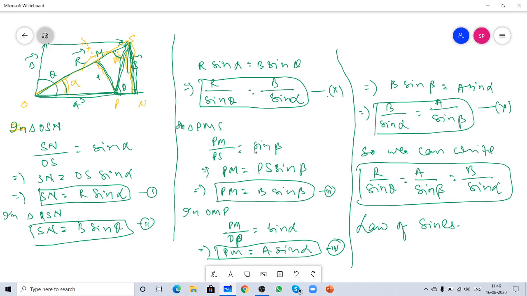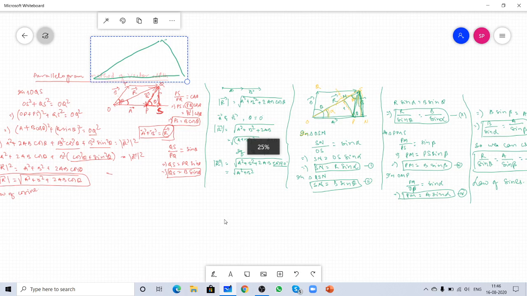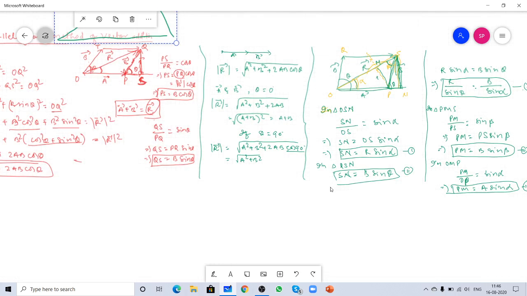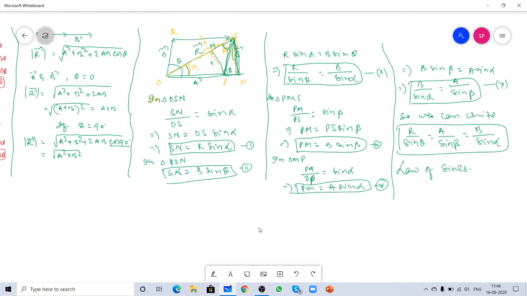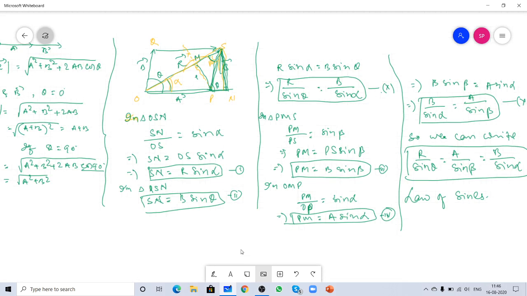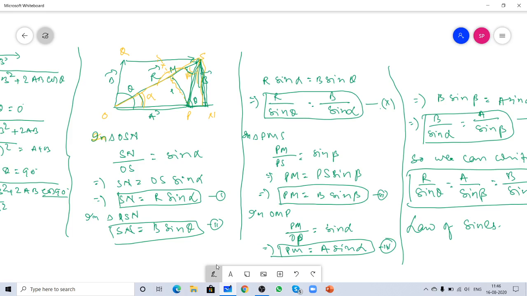And A by sine beta: in front of this vector A, your beta is there, so A by sine beta.